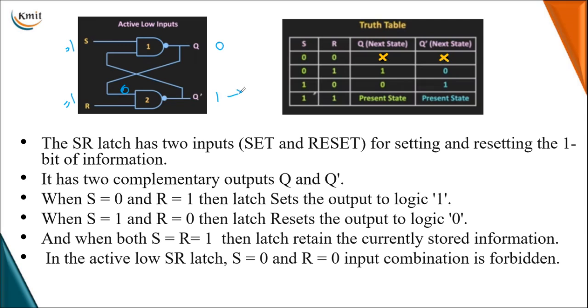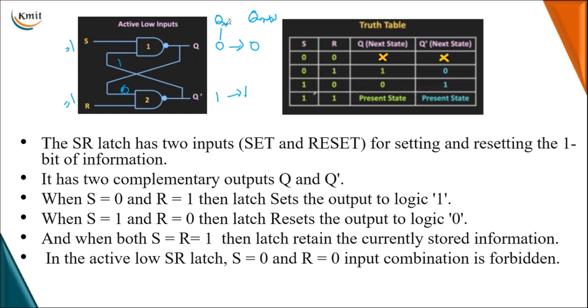Since one of the inputs is 0, the complementary state becomes logic 1, and that is transferred as an input of your first NAND gate. Both inputs are logic 1, hence you obtain logical 0. So earlier your present state is 0. Now your next state is Qn plus 1.